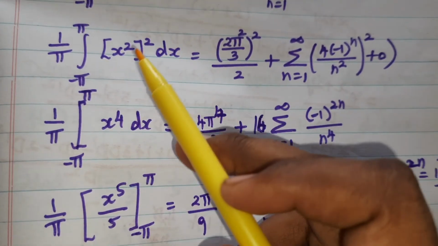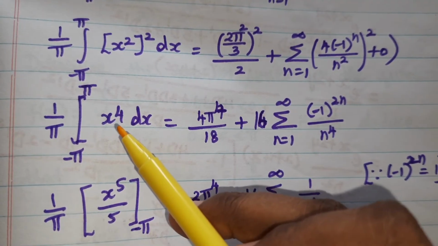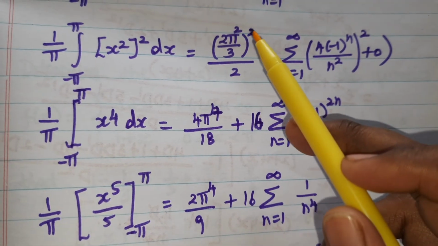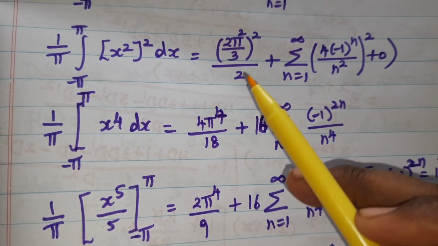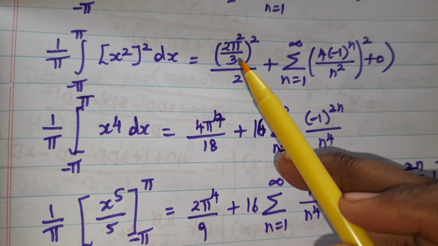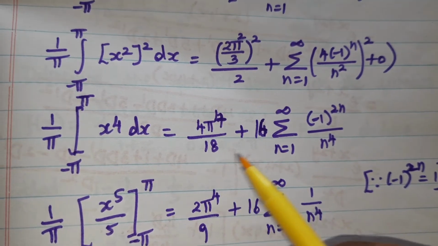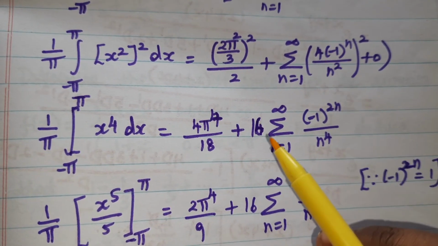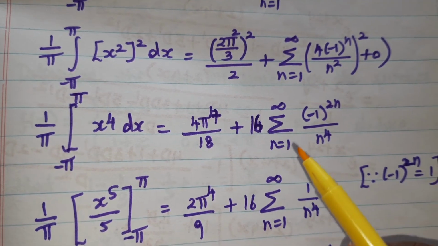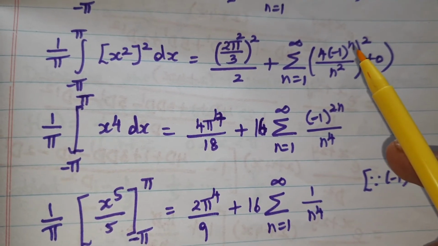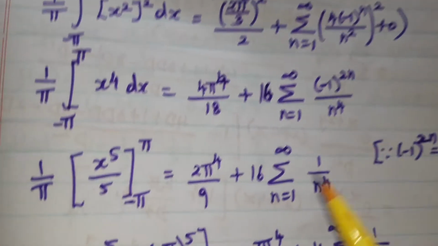So here x square the whole square is x power 4, and 2 pi square by 3 the whole square is 4 pi power 4 divided by 3 square, which is 9, and 9 into 2 is 18, plus 4 into 4 is 16. So take 16 as common, summation of n equal to 1 to infinity minus 1 to the power 2n divided by n power 4.